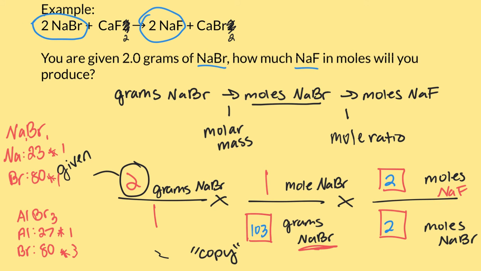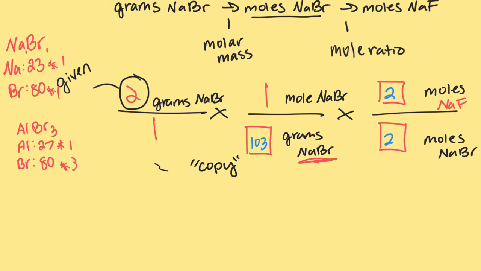From here, you can just multiply across and also cancel out your units. The units cancel out, the same on the top and bottom. We also noticed that there is a 2 on the bottom and a 2 on the top, so those cancel out as well.